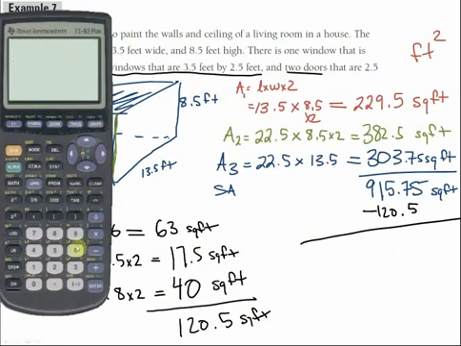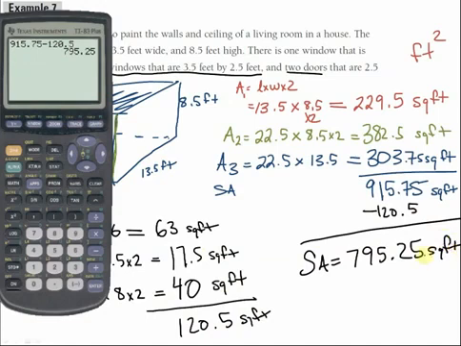So I'll just clear it off and go 915.75, take away 120.5, and this is what he's going to get paid for the total surface area of his paint. So, well, 795.25 square feet. All right, so we're going to keep that in the calculator for the next part.